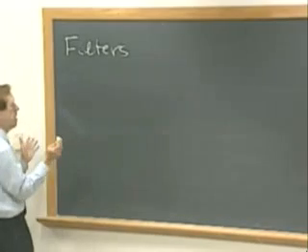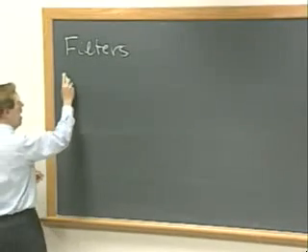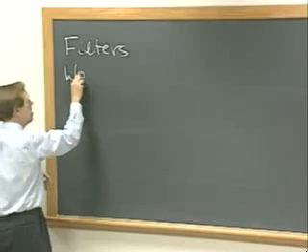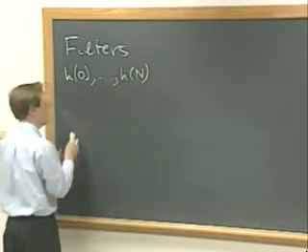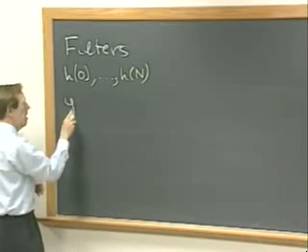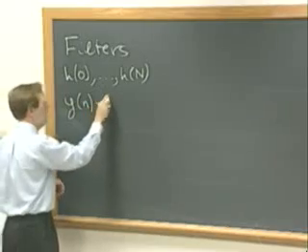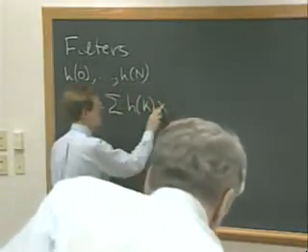We were interested in low-pass filters, high-pass filters. Generally, they had coefficients h of 0 up to h of n. And the filter was simply a convolution. So the output, y of n, was the sum of these h's times the input at n minus k.